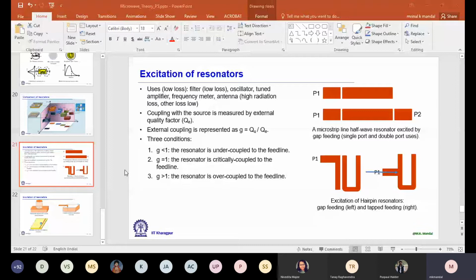If G is equal to 1, it is critically coupled to feed line. And if G is more than 1, then it is said that the resonator is overcoupled to feed line. Now, in most of the applications, you will see that QU is much higher than Q external. So for most of the applications, G is more than 1.